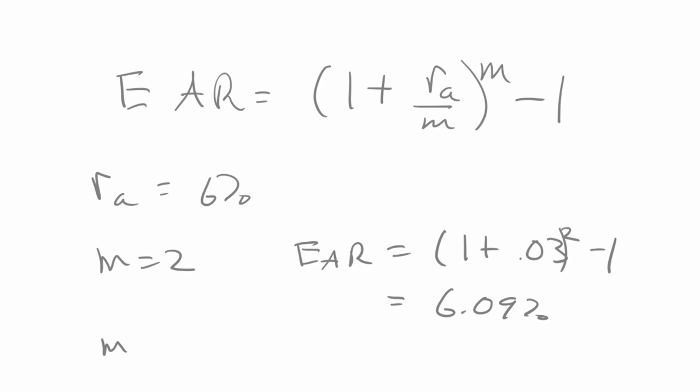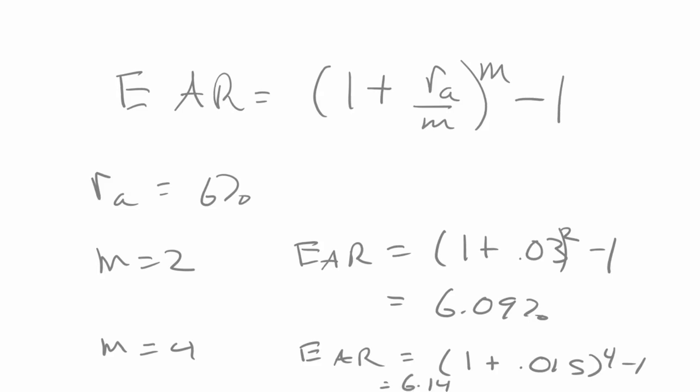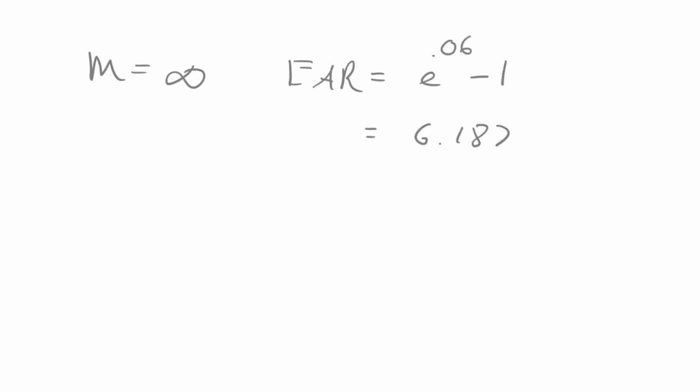And if M equals 4, the EAR is 1 plus 0.015 to the fourth minus 1, or 6.14%. And if M equals infinity, the EAR is e to the 0.06 minus 1, which is equal to 6.18%.